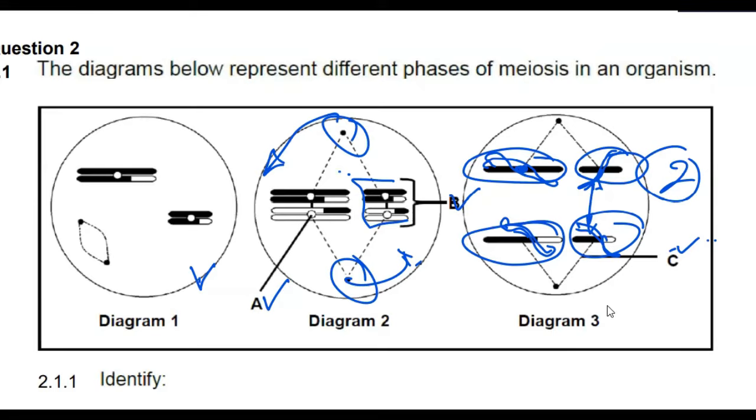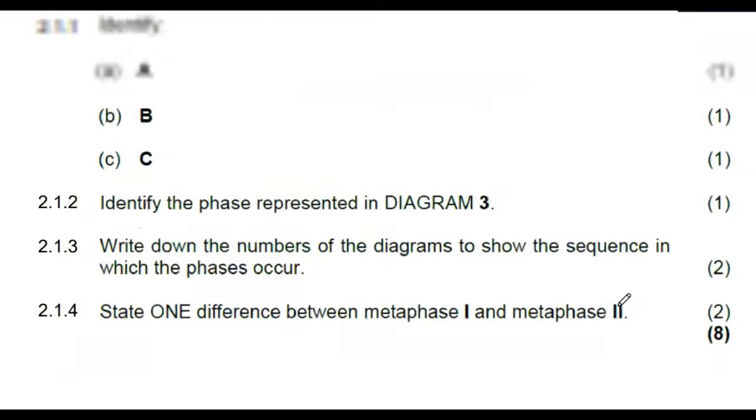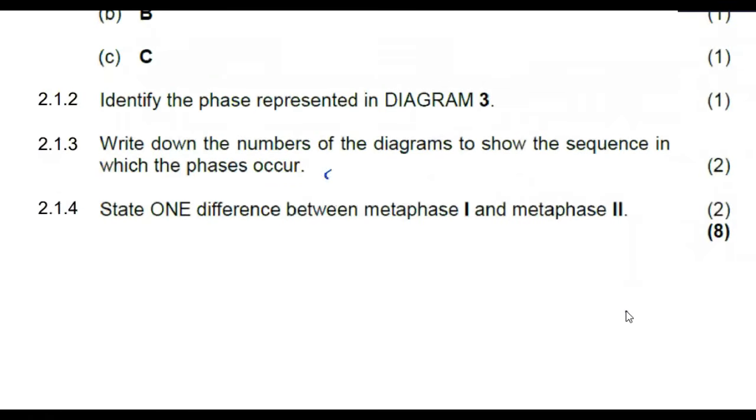So this is a homologous pair, so it is 1. It is metaphase 1. And then this one is prophase 2. After prophase 2, they separate, so it's going to be 3. So when you are writing the numbers, it's going to be diagram 2, diagram 1, and then diagram 3.